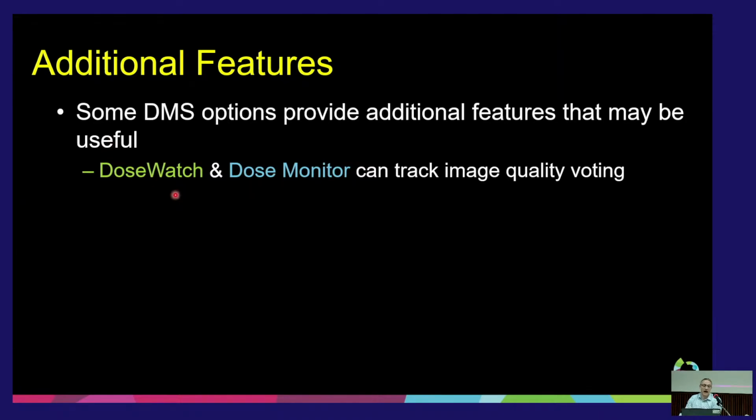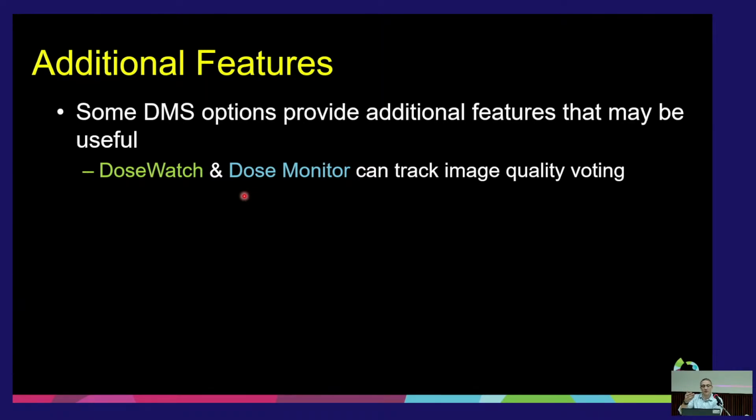There are other additional features that I have found to be pretty interesting as I've talked and worked with my colleagues in this field. For example, Dosewatch and Dose Monitor can actually track image quality voting. So if you set it up on the PACS system and the radiologist reads the image, and most PACS systems can allow a field where they can select either good quality, bad quality, or they can even leave a comment, these two softwares will actually collect that information.